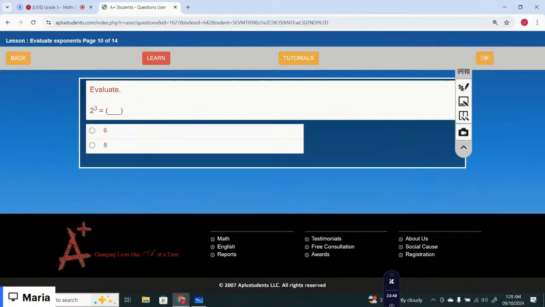The next one is 2 exponent 3, which is the correct option? 2 exponent 3 means you have to multiply 2 three times.